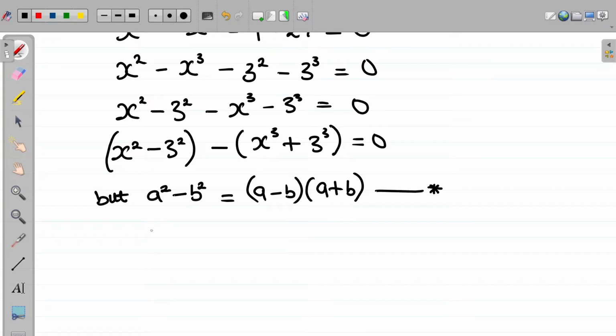Also, a cubed plus b cubed can also be expressed as a plus b multiplied by a squared plus b squared minus ab.